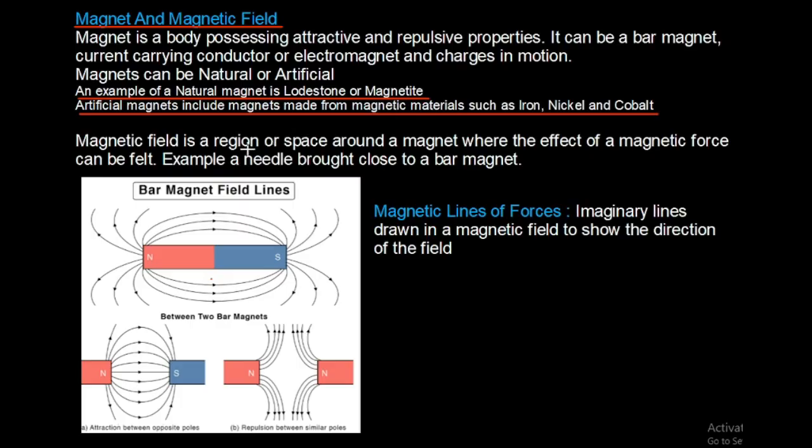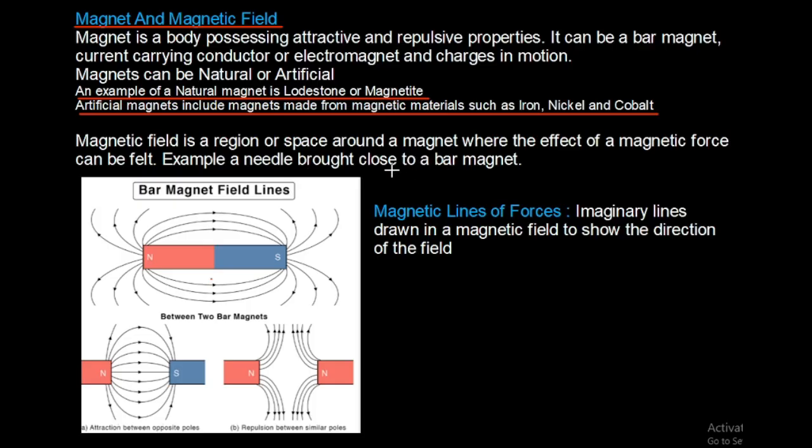Now, talking about magnetic field, the magnetic field is a region or space around a magnet where the effect of a magnetic force can be felt. Example, we can have a needle brought close to a bar magnet.